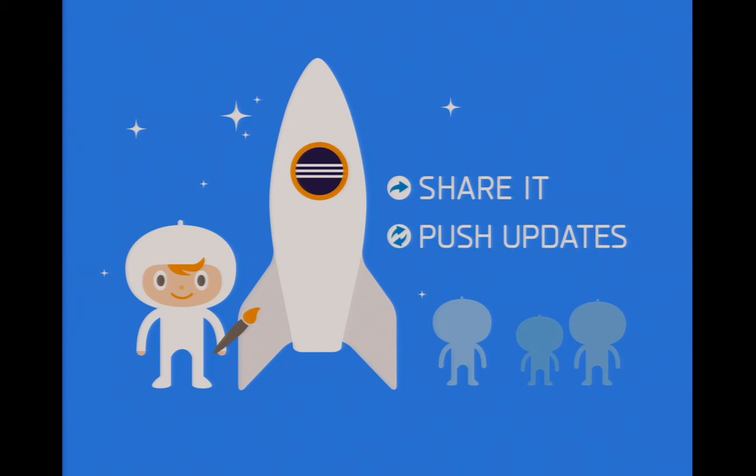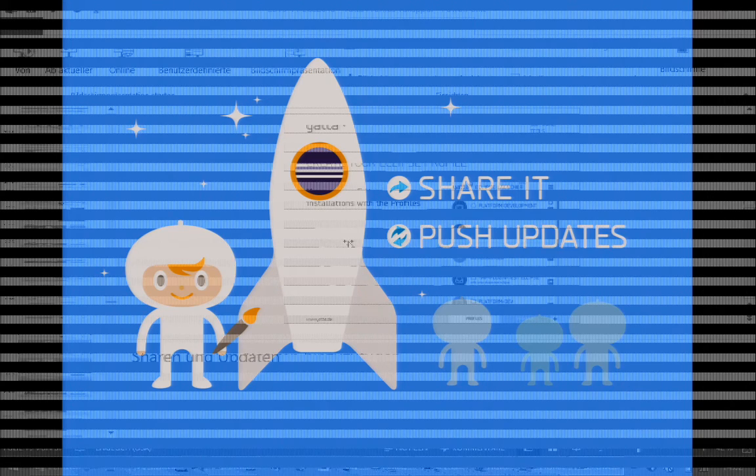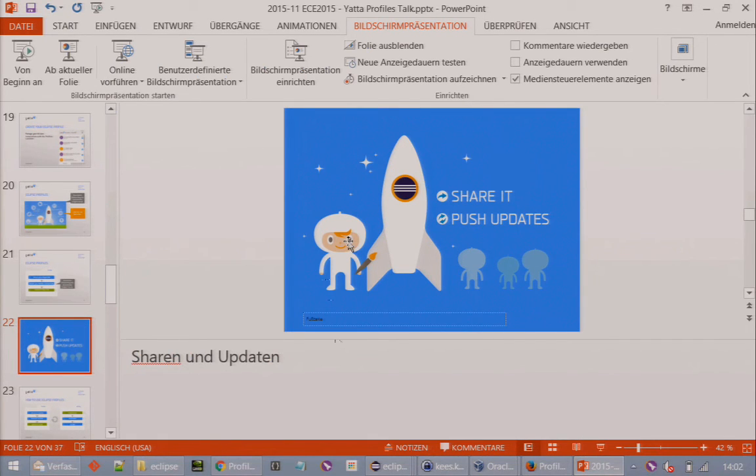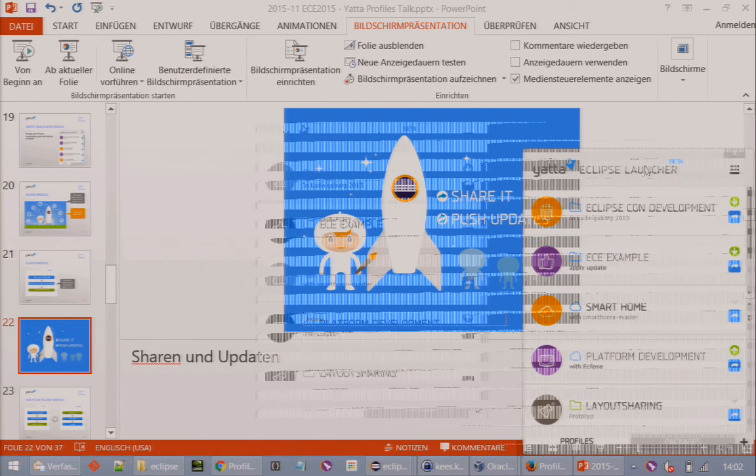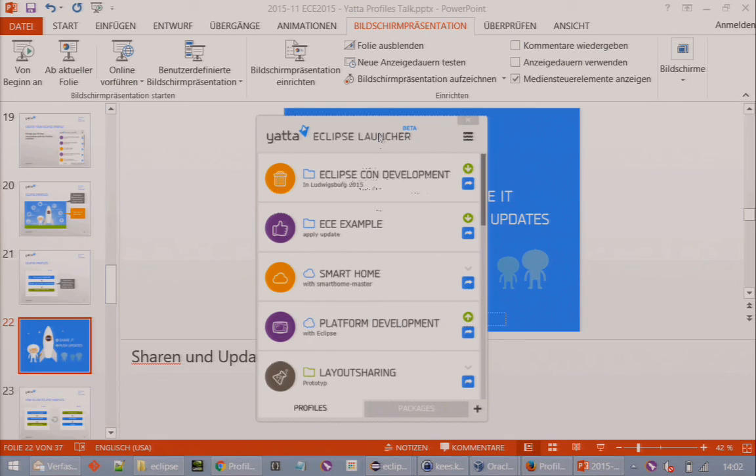So let's play the game again. I'm sorry, Frederik, but I forgot to add a repository to the profile. So I just updated the profile, and maybe you can pull an update, please. Let's see how that works. We go back to our launcher now, and we see the profile we installed before in the very first place, and there is an incoming update, you see on that arrow.